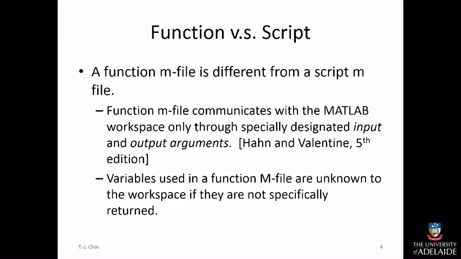A function M file communicates with the MATLAB workspace only through specially designed input and output arguments. For instance, when you want to calculate the mean, let's say you have 5 numbers, 1, 2, 3, 4, 5.